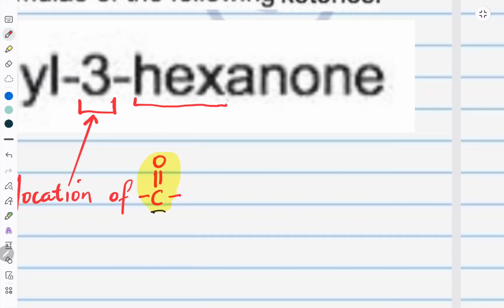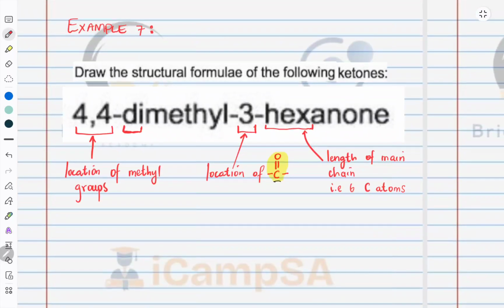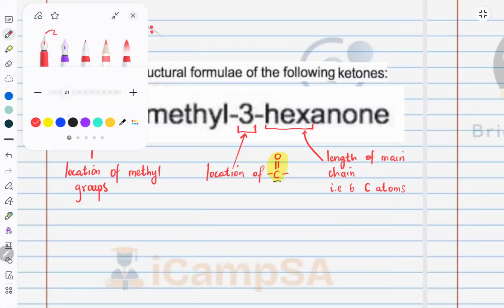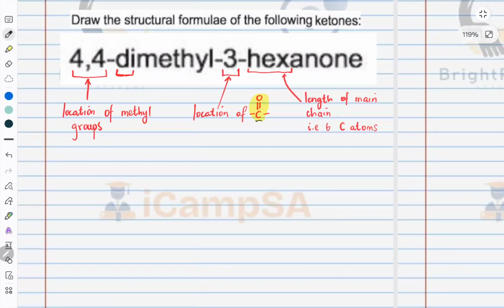So in this case, the chain length is 6 carbon atoms to be precise. Okay, we are good to go. Now let us construct our structural formula.